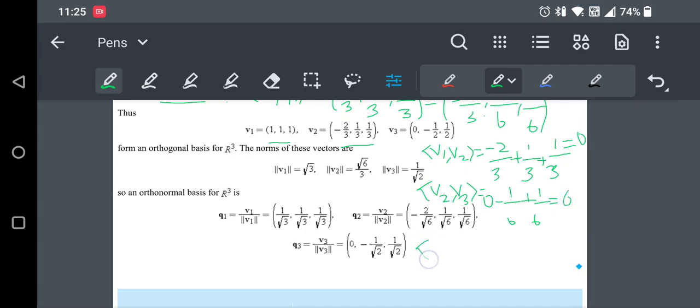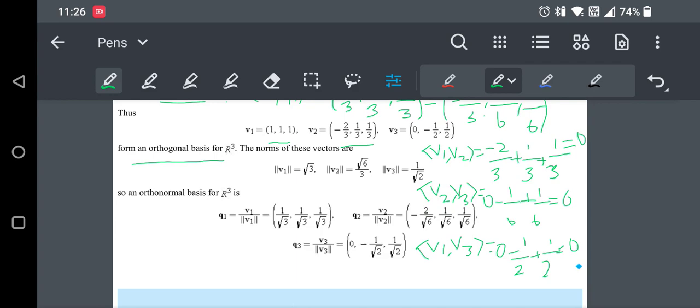Similarly, when you take the inner product between V1 and V3, what you will be getting is 1 into 0 is 0. 1 into 1 by 2 is minus 1 divided by 2 plus 1 divided by 2. That is equal to 0. So with this, what we can tell is S is equal to V1, V2, V3 will form an orthogonal basis for R3.